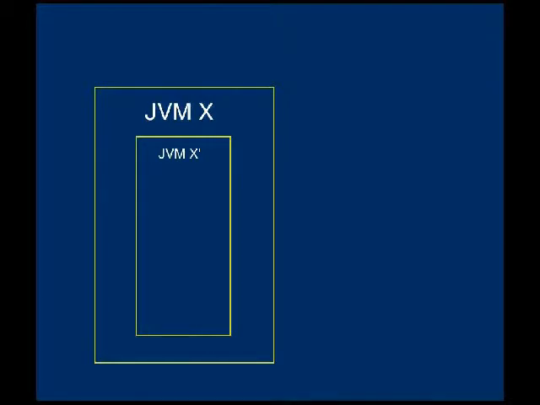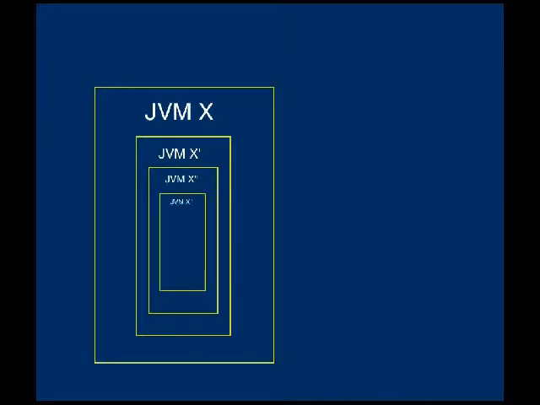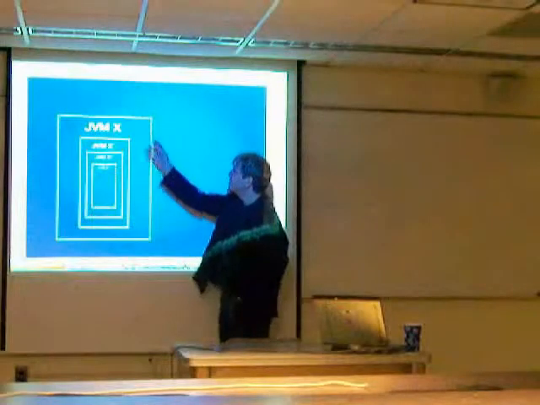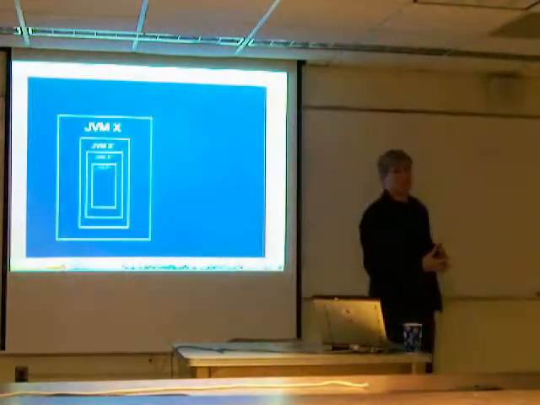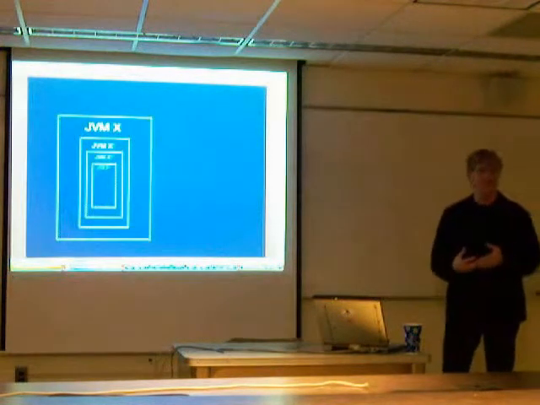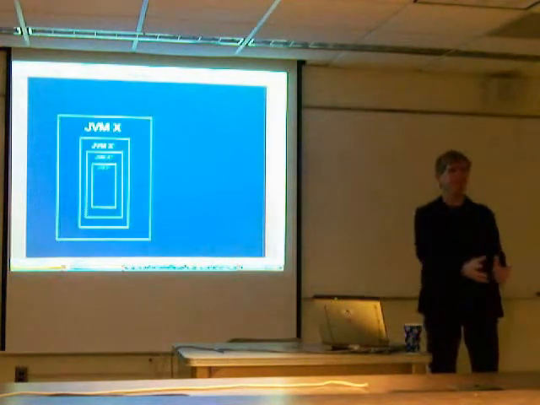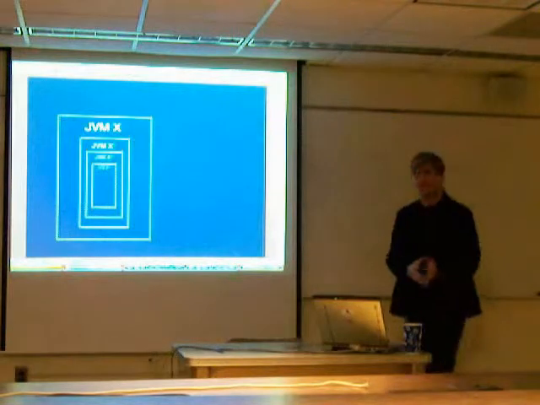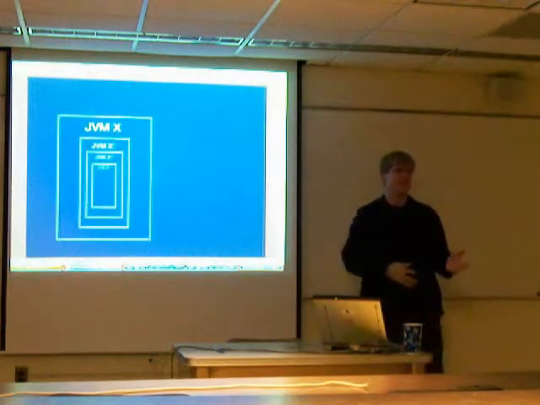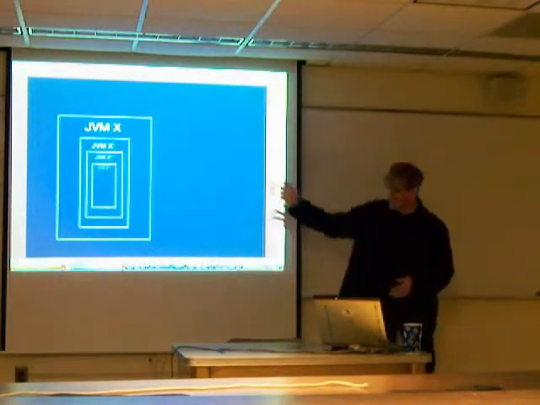Well, you can build another virtual machine inside X double prime and another one inside X triple prime, and you get this never-ending descending chain of virtual machines where you're trying to analyze something about yourself, but instead of analyzing it in yourself, you build a copy and you analyze it there. And that works fine unless that copy is going to do the same thing. And then you get into this kind of infinite descent.